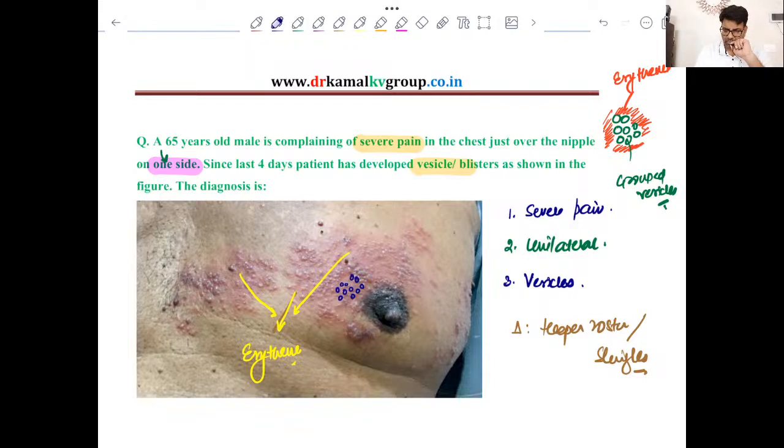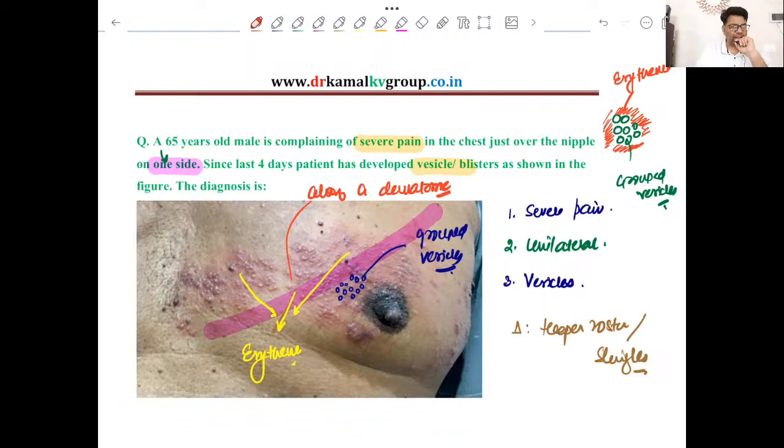So you can see grouped vesicles, and this is only on one side, and it usually lies along a dermatome. Clear? So this is a classical presentation of herpes zoster or shingles.